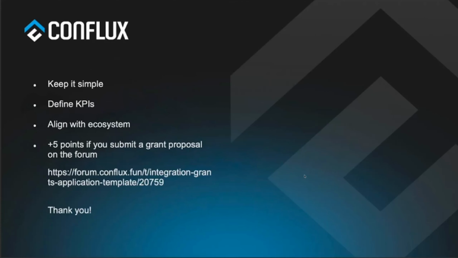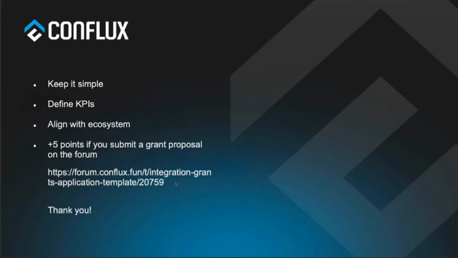I would say at Conflux we'd like to keep things simple, in a way that we just don't want to read thousands of pages, because that doesn't make any sense. We'd like to see clear KPIs. We'd like a clear, simple project that solves a problem and is aligned with our ecosystem.